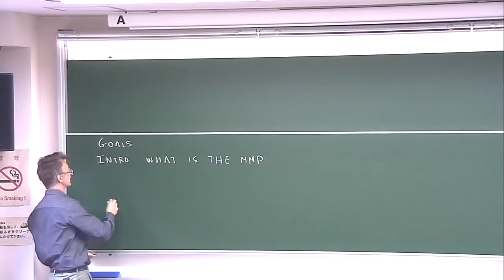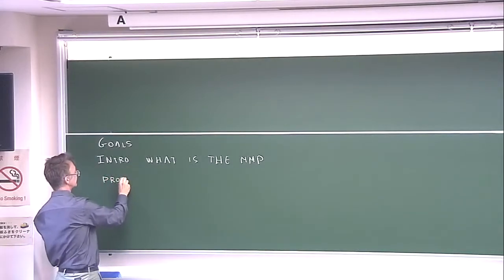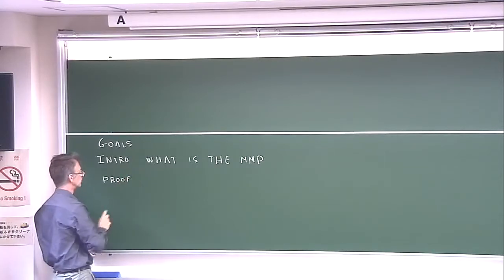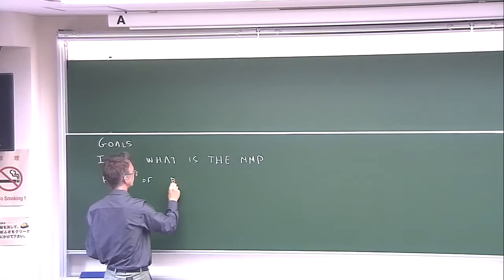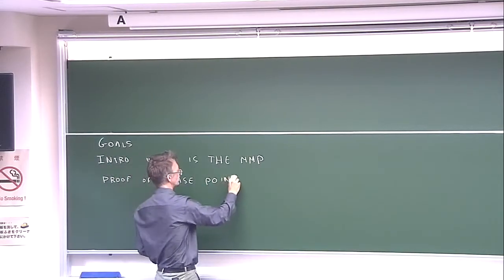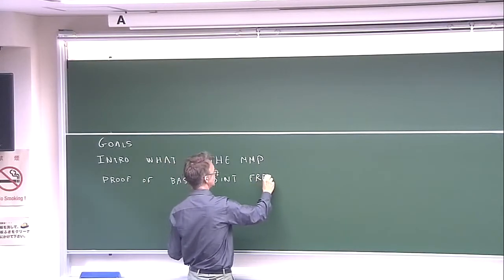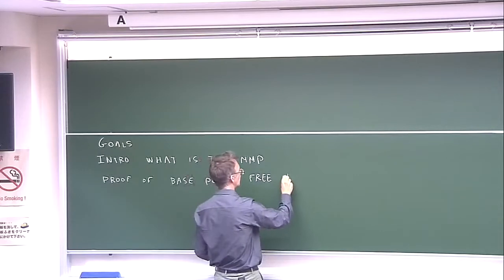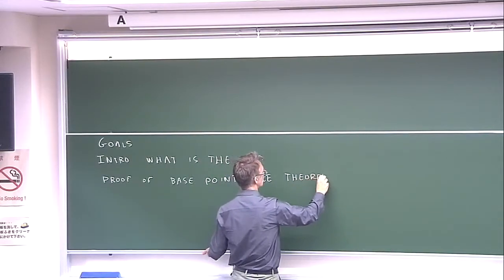So probably at some point I will, for example, prove some of the more classical results. For example, I think I'll prove the base point free theorem, which is a key ingredient in the proof of the cone theorem, and illustrates quite well some of the methods and techniques of the minimal model program.